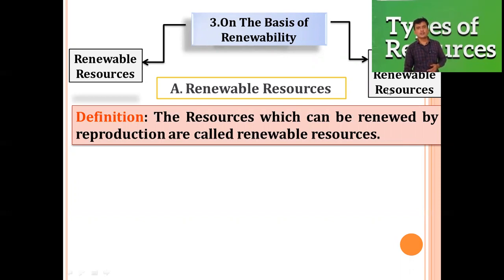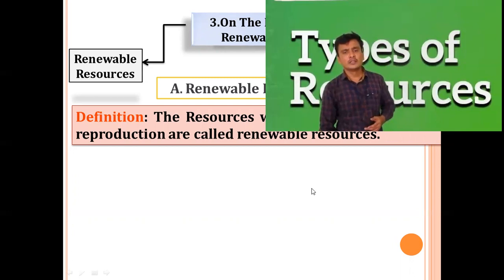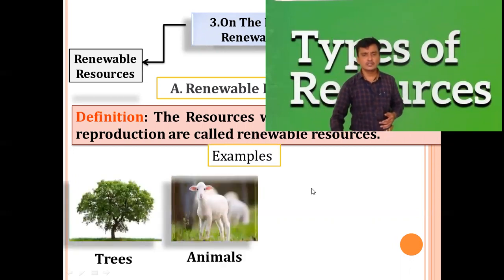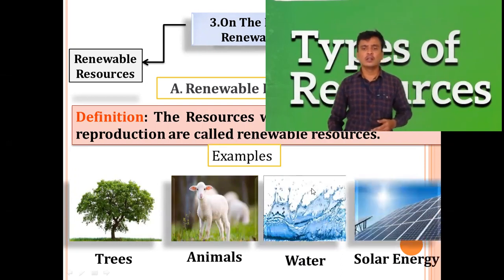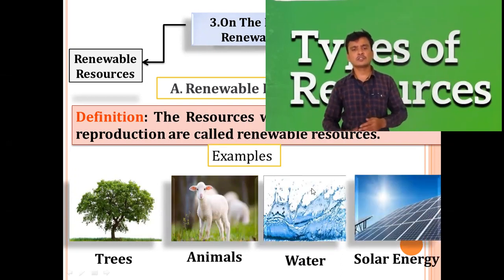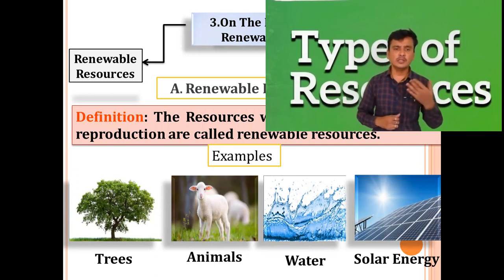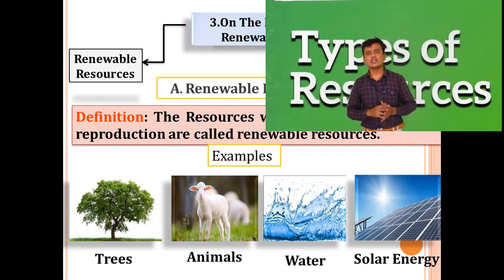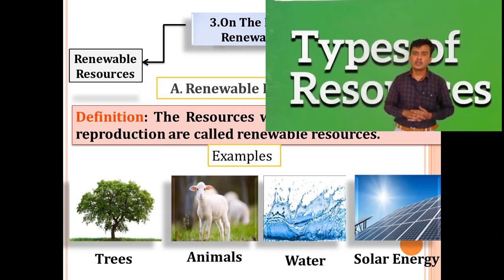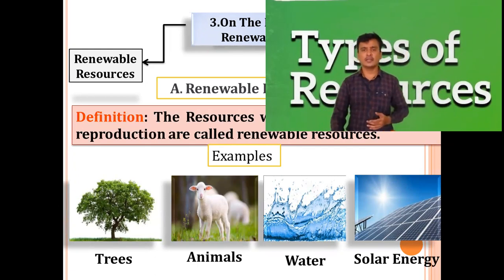Examples are trees, animals, water and solar energy. These can be reproduced and we can use them again and again. So these are known as renewable resources: trees, animals, water, solar energy, etc.